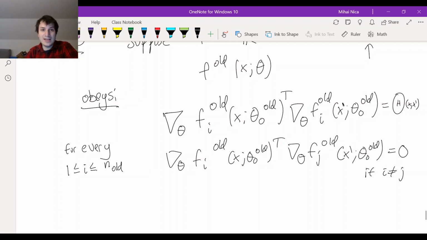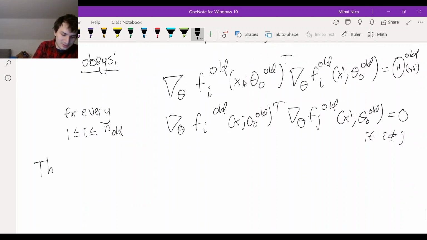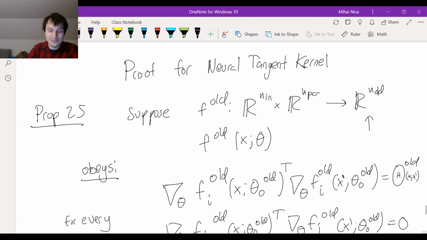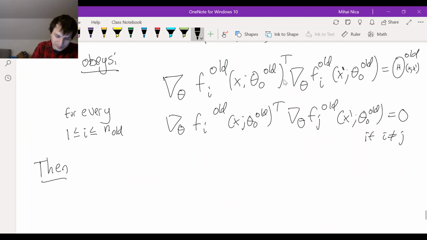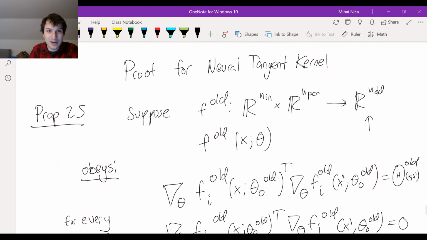So what this is saying is if our old function, when you compute this gradient thing, gives this old kernel theta old, then the conclusion is that the new function you get from the old function is going to obey theta new. If the old function obeys it, then the new function is defined as follows: f new. Here's the bit that's a little annoying: the parameters for f new are slightly different than the parameters for f old. Why? Because two new parameters got added.